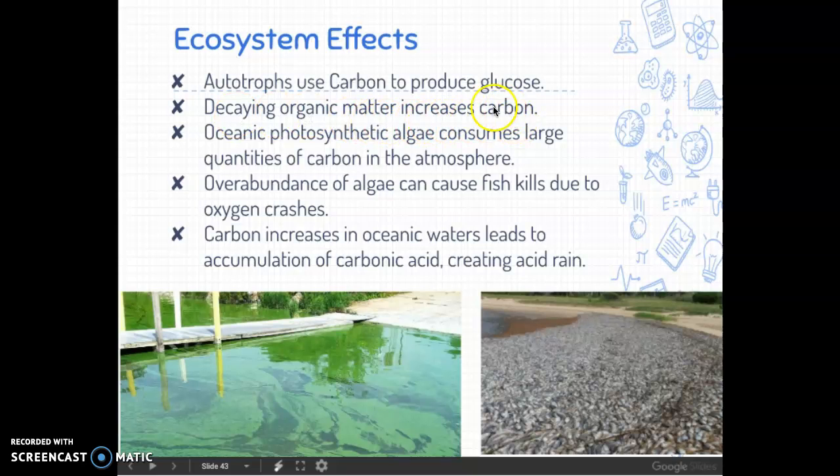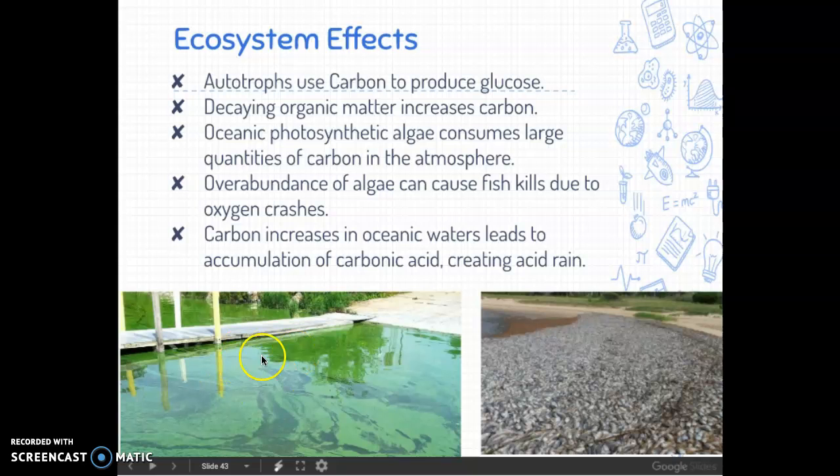And this increases carbon because decaying material is eaten by decomposers like bacteria. And the bacterial activity inside the river consumes not only the dead decaying plants and algae, but it also consumes oxygen because they're heterotrophic organisms, many of them are.